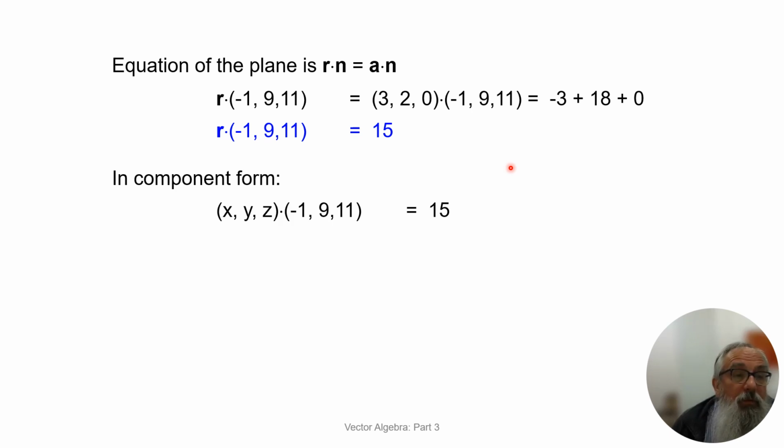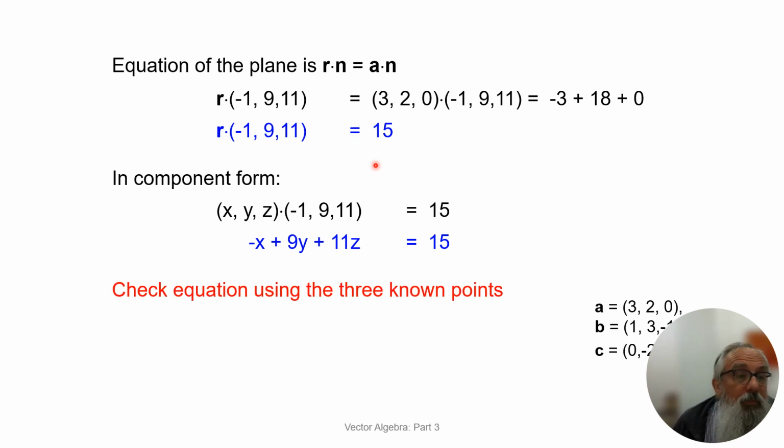In component form, we just replace the R by x, y, z, dot it with minus 1, 9, 11, the normal. You can expand that, and there it is, the equation in Cartesian form for the plane. We can check by the 3 known points that this works.